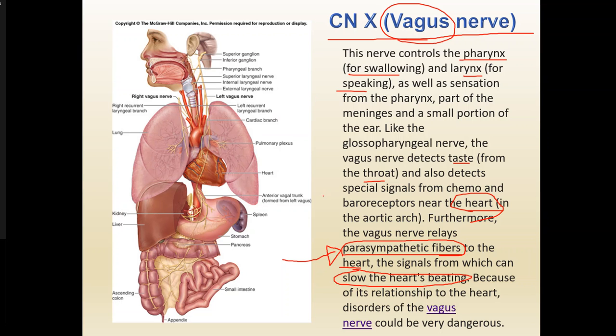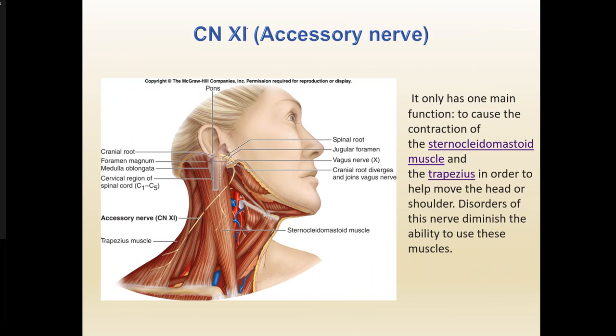And remember, this is super important. The connection to the heart, you have to know it very well. But also, of course, other functions. It's a very complex nerve, okay? And so all the motor and the sensory functions to the pharynx and the larynx, okay? All right, I think this is it.